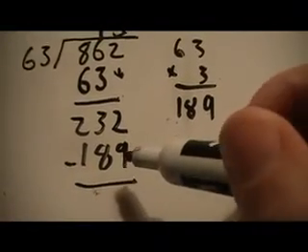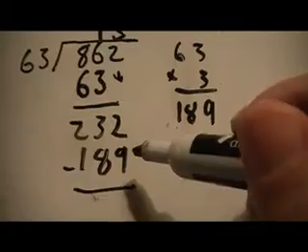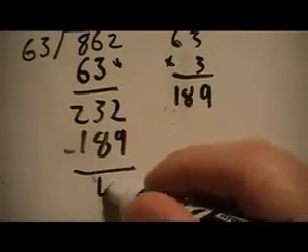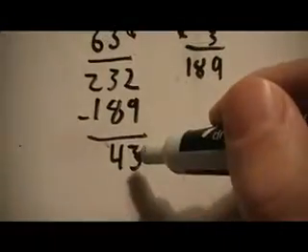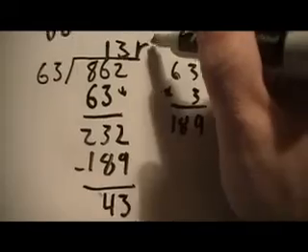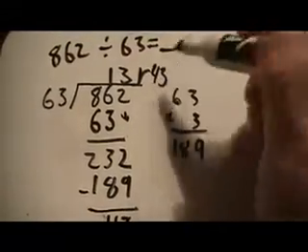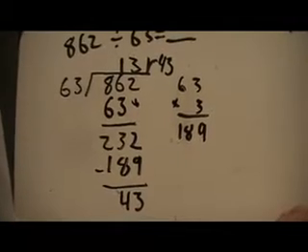I would count up. So 89 plus 1 gets me to 190, plus 42, so that's going to be 43. 43 is less than 63, so there is my remainder. So I've got 13 remainder 43. So that would be using the standard algorithm for division.